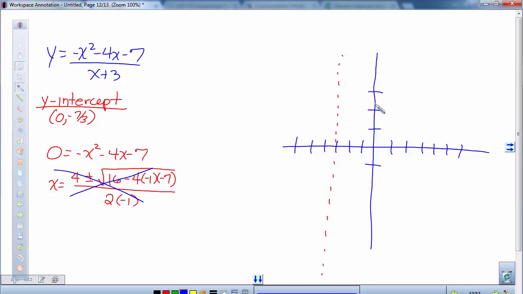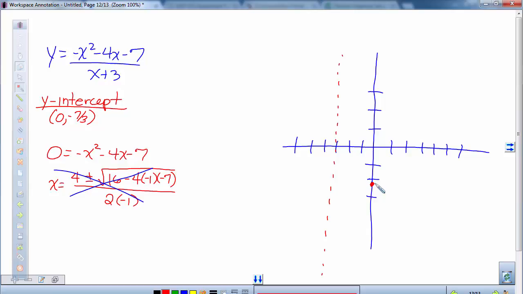Oh, was it negative? Okay, -2 1/3. All right. So now I'm ready to take my derivative. Yes. Where's the negative 7/3 from? I plugged in 0 for x. So, yeah, we get -7/3.